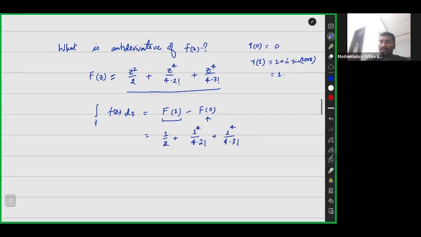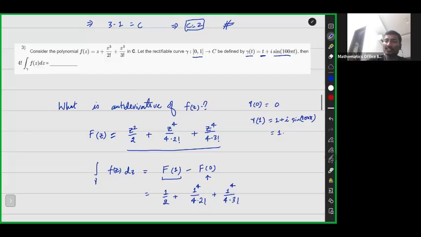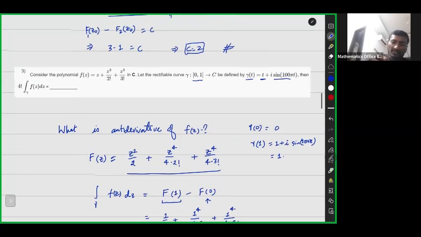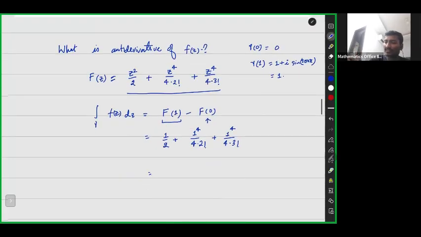Now we can actually calculate this. In the question we have been asked, this is in multiplication, so let us multiply also.